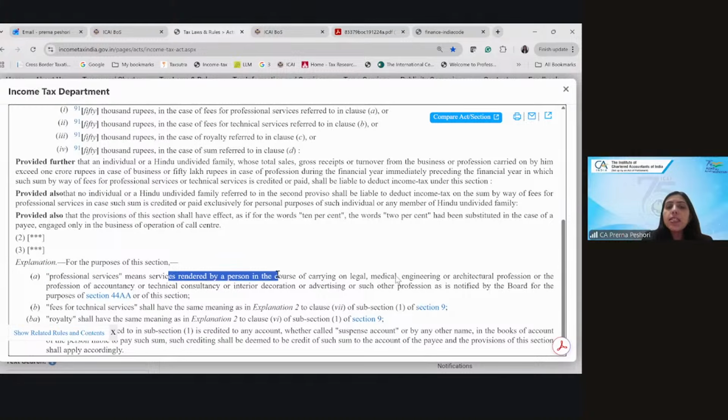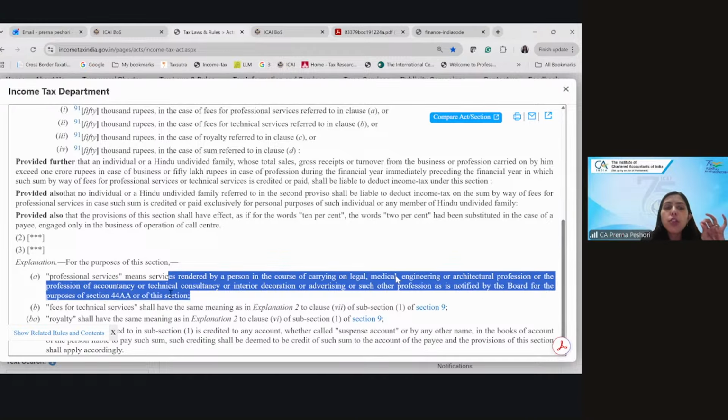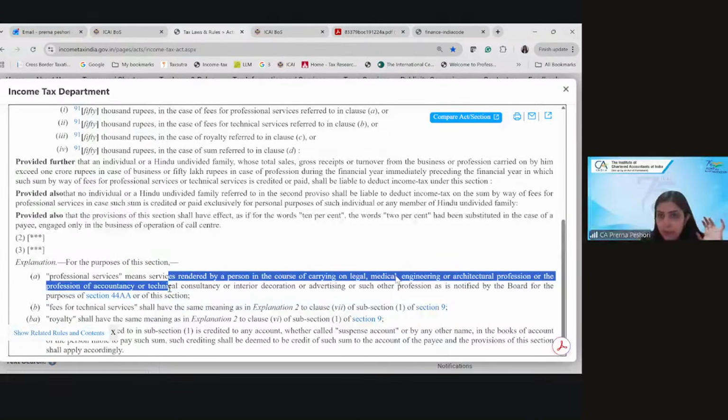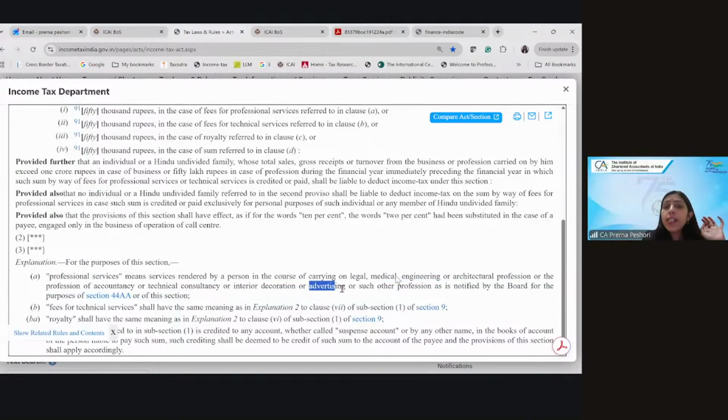Professional services means services rendered by the person in the course of carrying on legal, medical, engineering, architectural profession of accountancy, technical consultancy, interior decoration, or advertising, or profession which are notified under 44AA. Now, advertising is put over here also, and it was there in 194C also. Do you recollect?